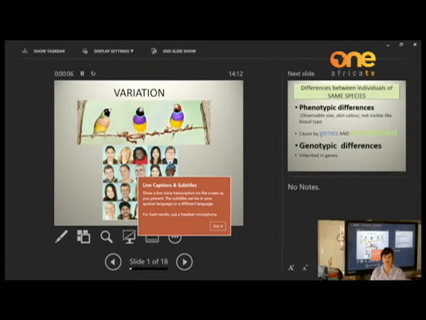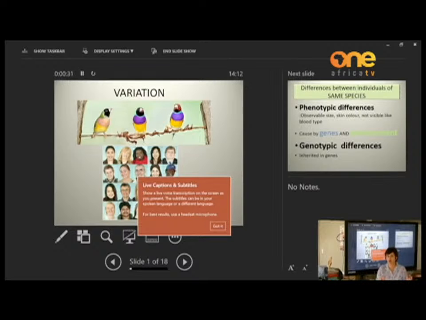Interesting work today. Let's continue with variation. We are still busy with genotype, what is determined by the genes, and phenotype. Eventually, what you can observe in a person was in his genes.